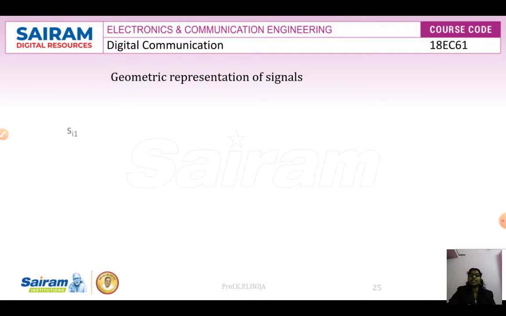So if you consider the block diagram of how this S of t is generated, first we consider the signal Si1, and it is given to the product multiplier. The orthonormal basis function phi1 of t is given to the other input of this product multiplier. Here Si2, the second vector signal, is given to the second product multiplier, and the basis function is phi2 of t.